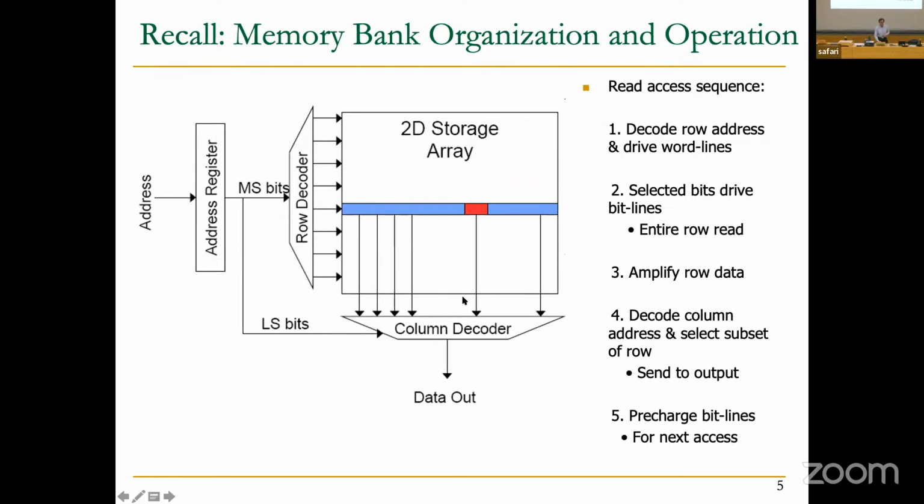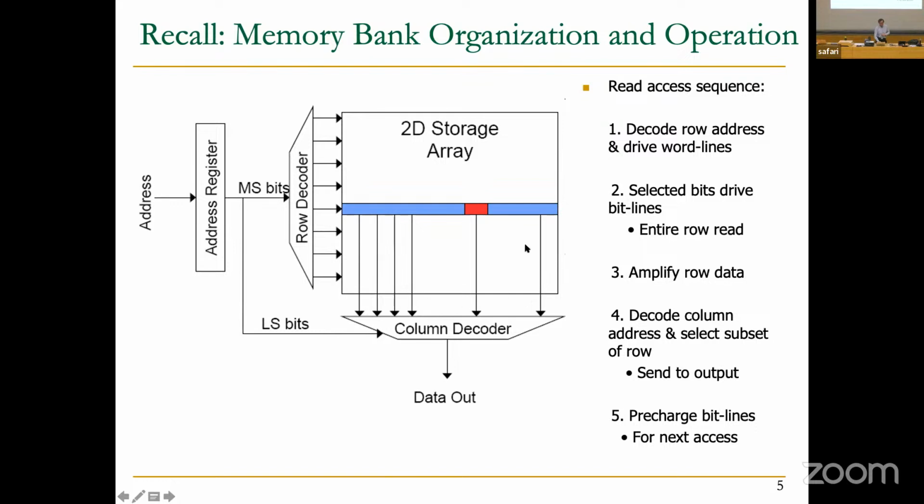And the function of the sense amplifiers is really to amplify the raw data and sense it, figure out what that value is. Because usually the data is stored in some analog value, as some analog charge, for example, charge level. And that needs to be converted to some digital value so that we can make use of it in the digital computer. You can think of it this way. It's charge level or resistance level or some voltage level, as we will see in some other technologies, but we don't go into a lot of detail on those.